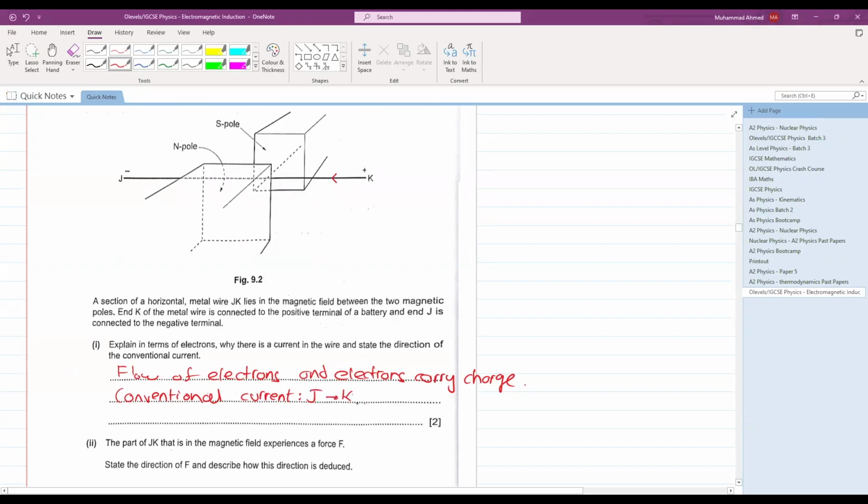Also, I am just thinking about this line: explain in terms of electrons.